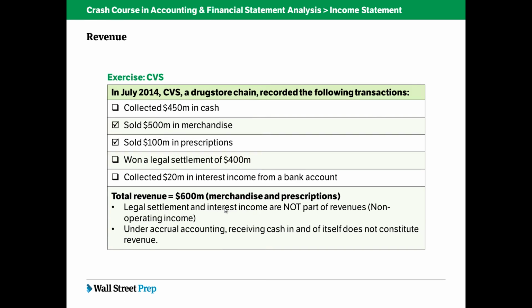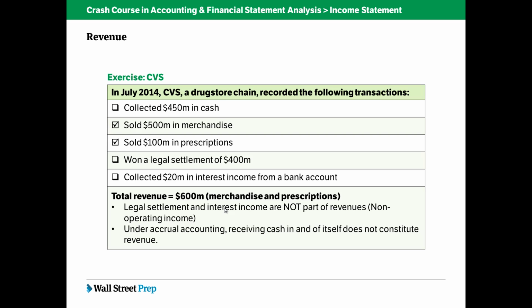The answer is that the $500 million in merchandise and the $100 million in prescriptions are recognized as revenue. Let's talk about the reason why the other three are not. The fact that CVS collected $450 million in cash during the period does not affect revenue, and that's the accrual concept. It doesn't matter how much cash was actually collected. What's recognized is what is being sold.